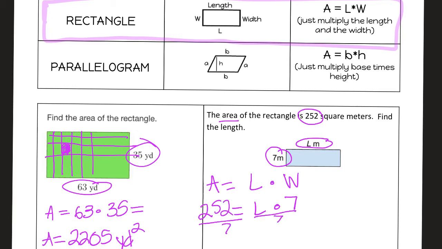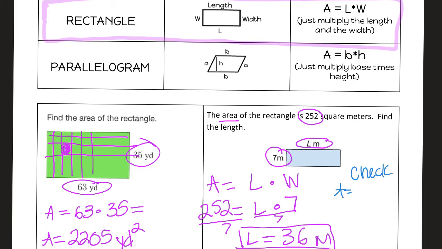And you get that the length is 36 meters. Okay. And I can check my work. So I should get the area is 36 times 7, which is 252, which is what the problem told us it was, so it works.